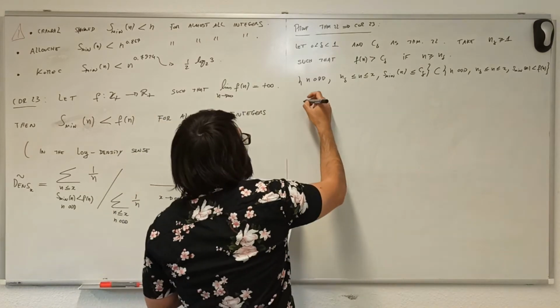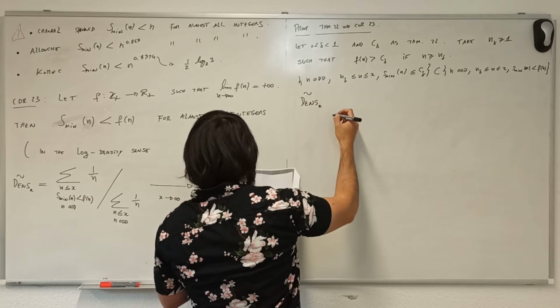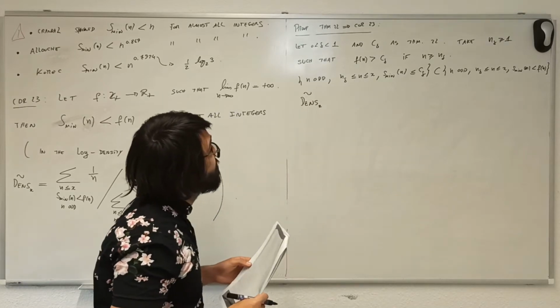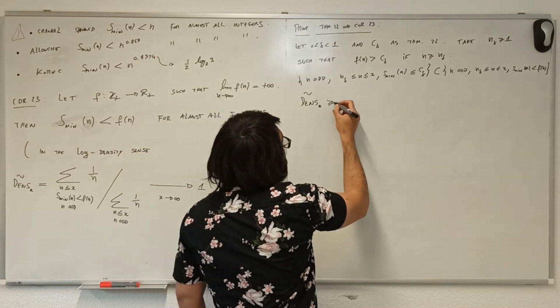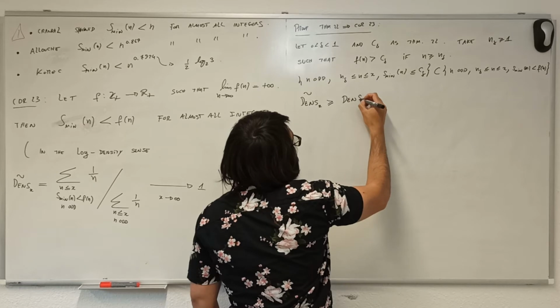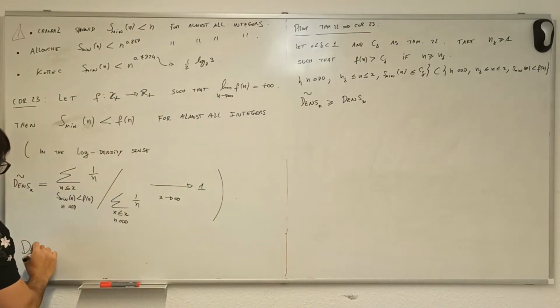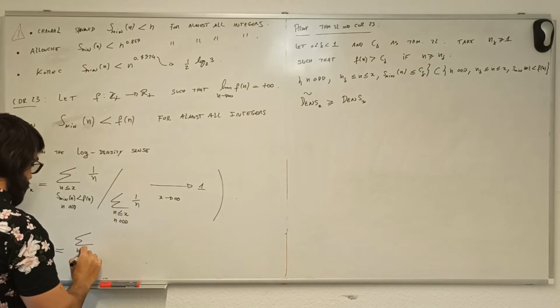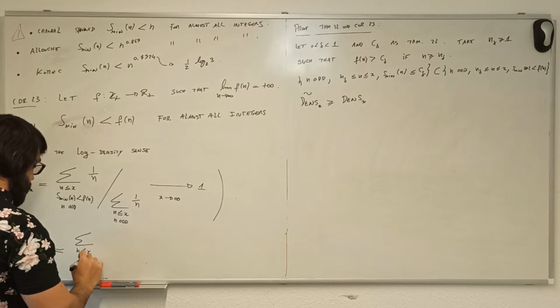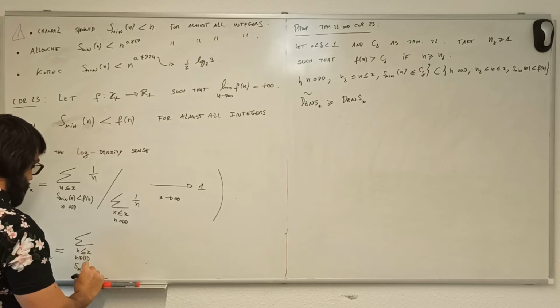So I conclude that the density tilde will be greater or equal than density x, where density x, maybe I should define density x here, is just the sum over n less or equal than x, n odd, and S min of n less or equal than c delta.